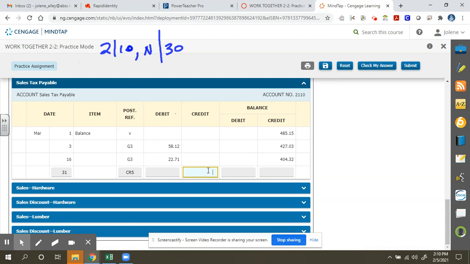Credit for 1645.99. It already has a credit balance. Credit and credit, it's like pouring water into water. They add. You have to add them together. $2,050.31.